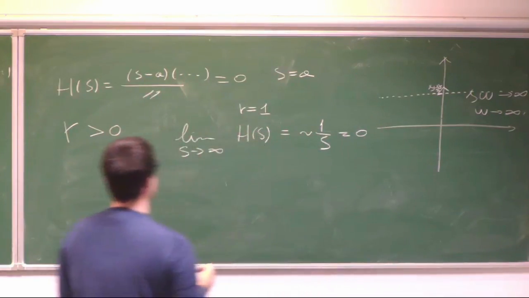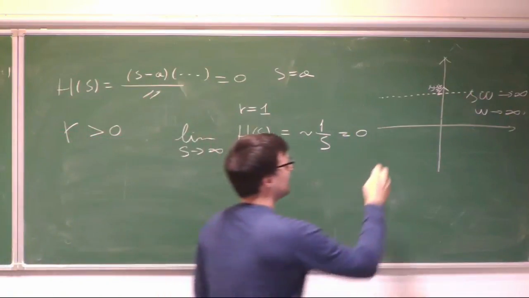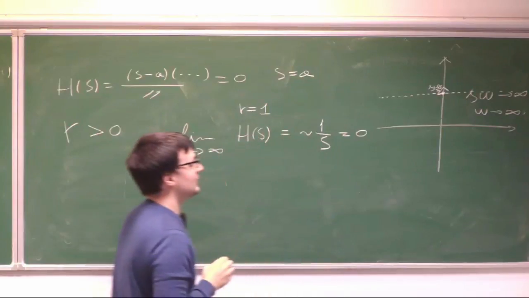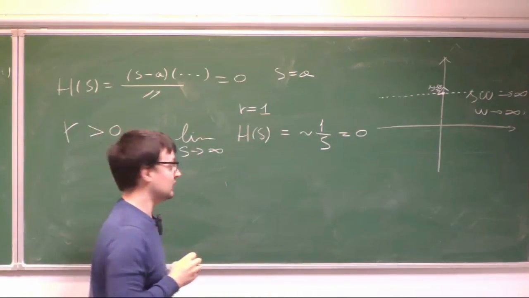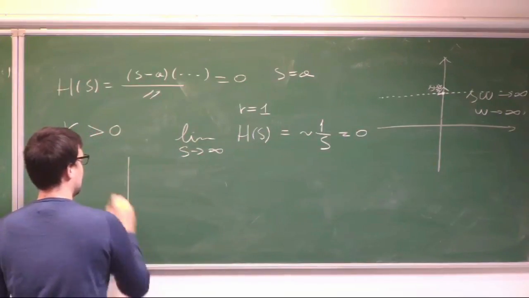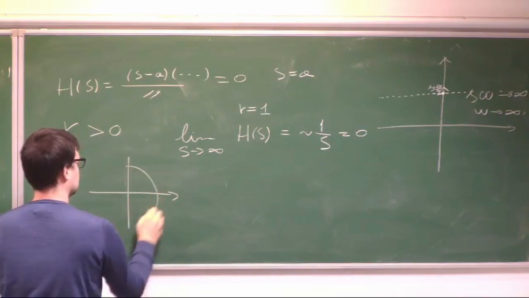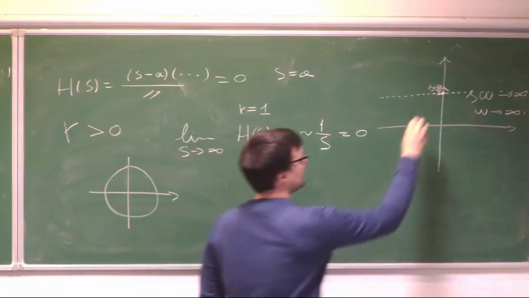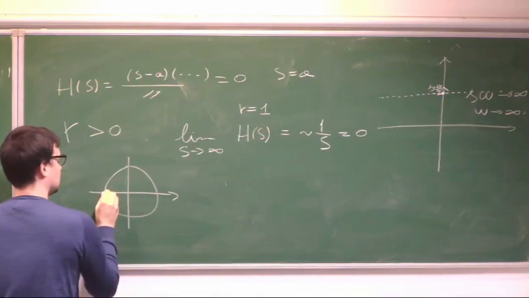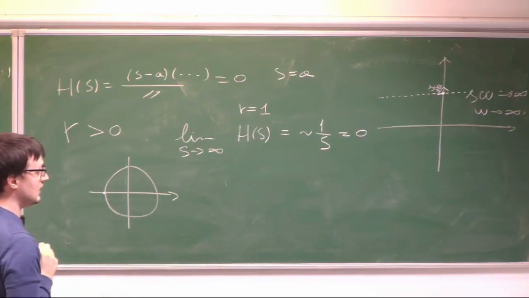And we saw that this point over here, the maximum possible frequency in discrete time, is mapped in the point -1. We saw in one of the previous lectures that this point here in the S-plane is mapped to this point here in the Z-plane.